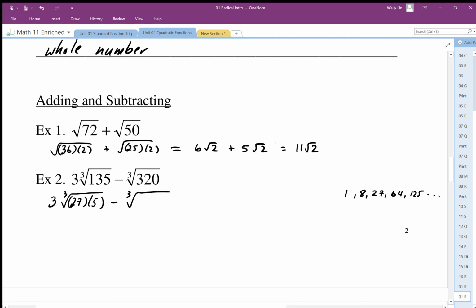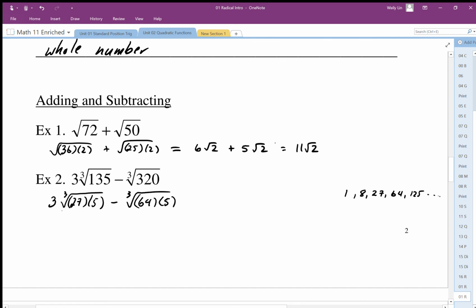Okay, so then I need to look at this group and say, what is 320 divisible by? Well, it's divisible by 8. However, it's also divisible by 64. So I'm going to write this as 64 times 5. Okay, so 64 times 5 is 320.